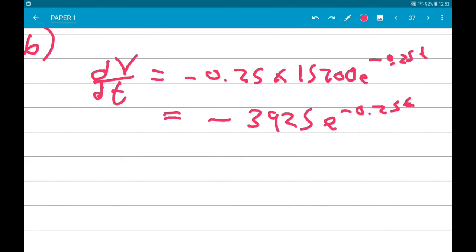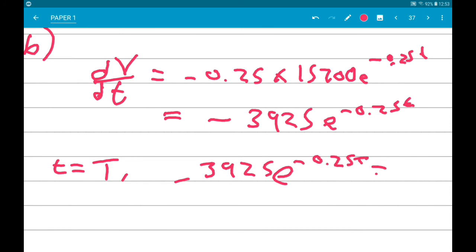Okay, now we know that when t is capital T, the derivative is minus 500. So, we should now say when t is T, we get minus 3925 e to the minus 0.25 capital T. We know that is minus 500.